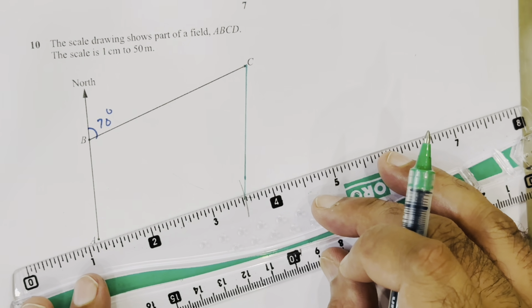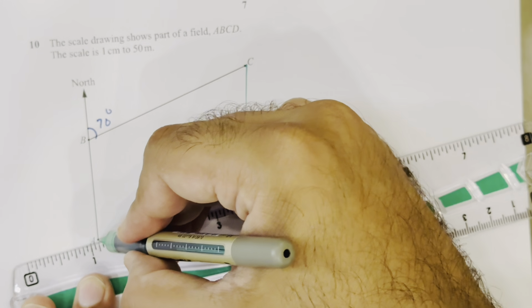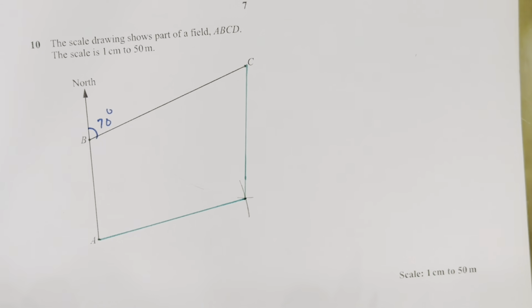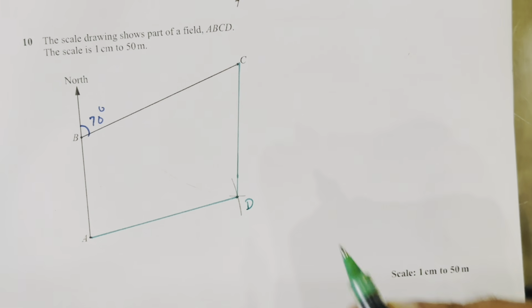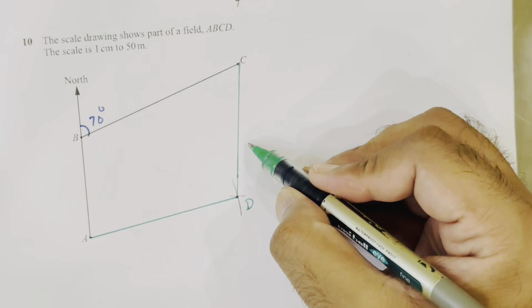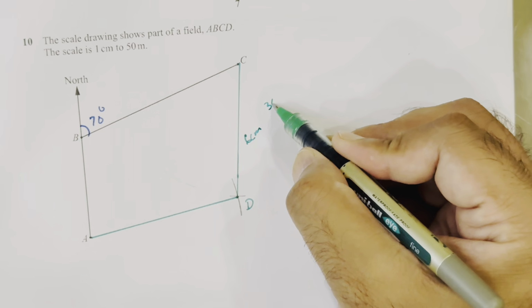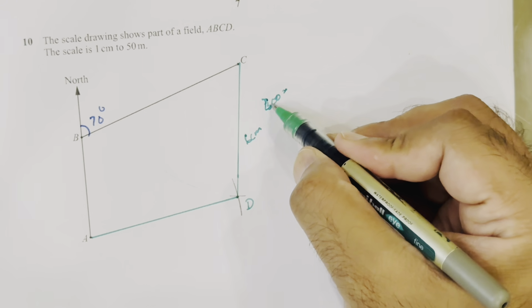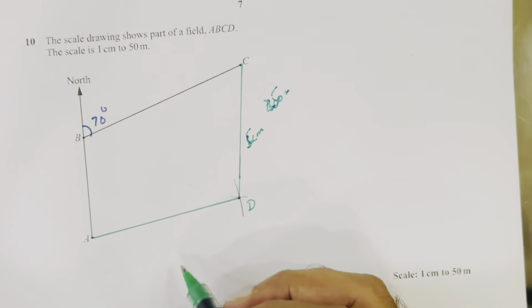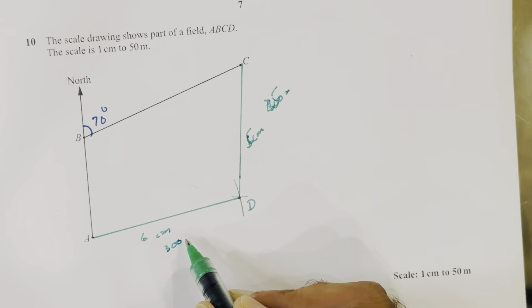You can also draw it with your lead pencil or by color pen. Okay, so this was our question number 2. So this was our point D. You can write over 5 centimeter or 250 meter, and you can write 6 centimeter or 300 meter.